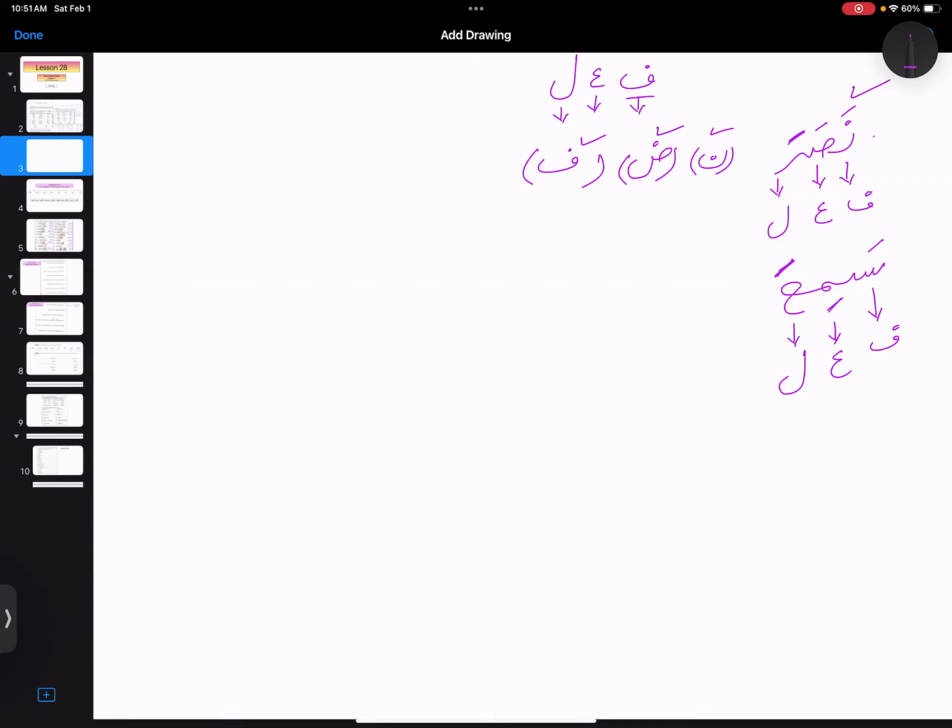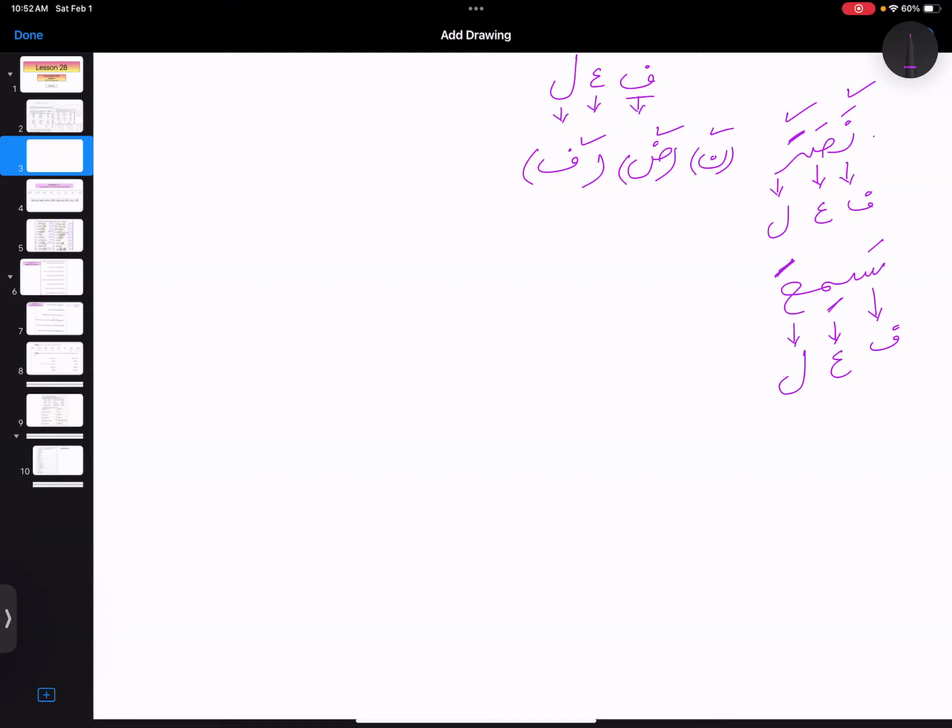But at the beginning, we have one bab. Basically, yes, you're going to see the first fatha and the last fatha forever in madi. The only change happens in the middle root letter.